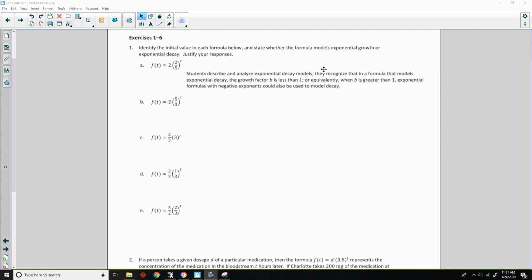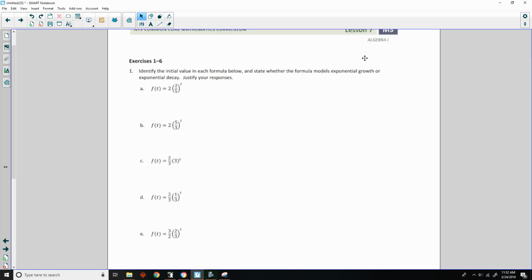Okay, you need to recognize that in a formula that models exponential decay, the growth factor b is less than 1. Exponential formulas with negative exponents could also be used to model decay. So when b is greater than 1, we can use a formula with negative exponents to model decay as well. So b has to be less than 1, or if b is greater than 1, the exponent's negative, that would give us decay.